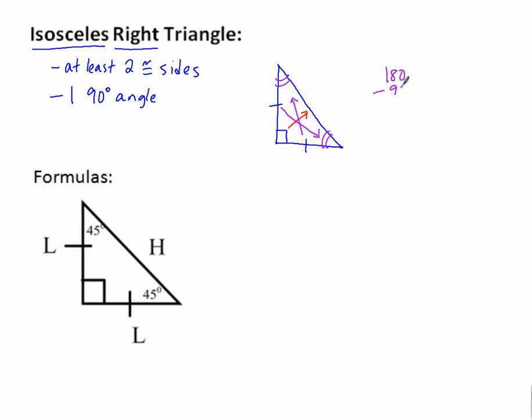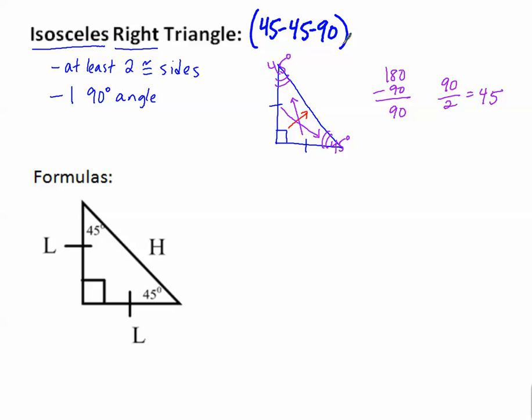Take away that one that's 90, we have 90 left over, divide it evenly between those two, and we get 45. So each of these acute angles is 45 degrees. Our isosceles right triangle we call a 45, 45, 90 triangle. That's the first of the two special right triangles. So let's write down that our isosceles right triangle is called the 45, 45, 90 triangle.